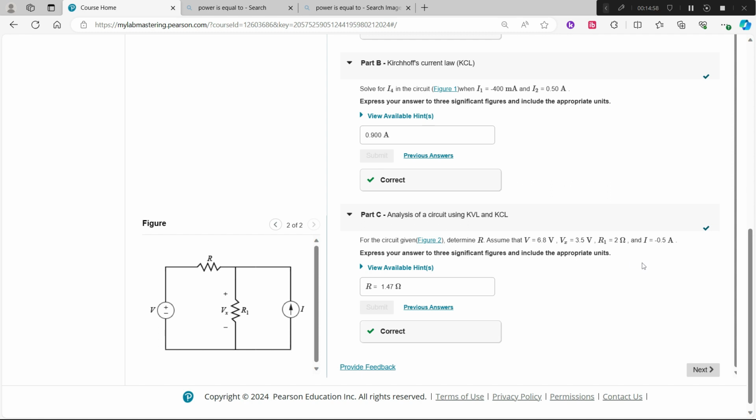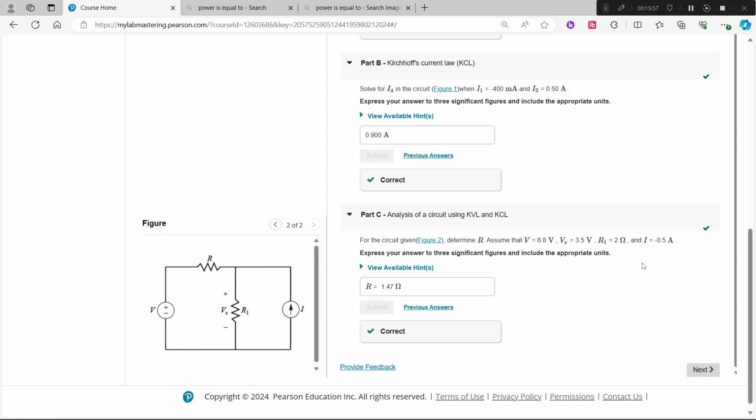Figure 2. Okay, and now we're given voltage is equal to 6.8.